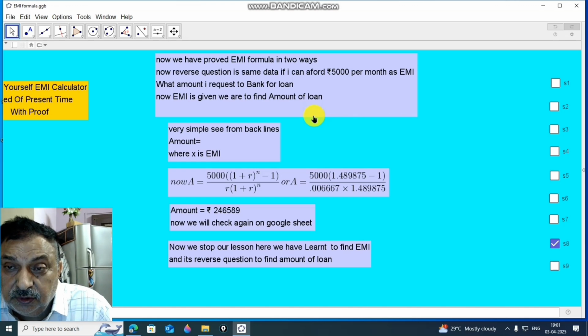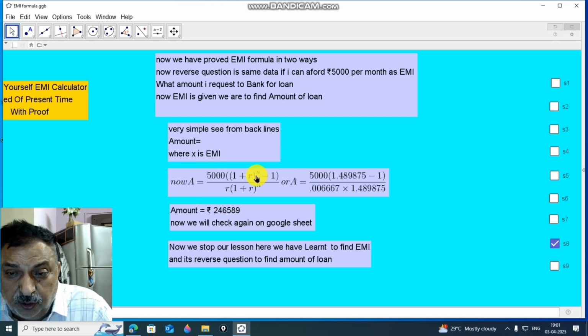Now the first question is, if the value of EMI is given, we are to find the amount taken, the value of P. Very simple case. X is the EMI, we are to find the amount, and X is given.